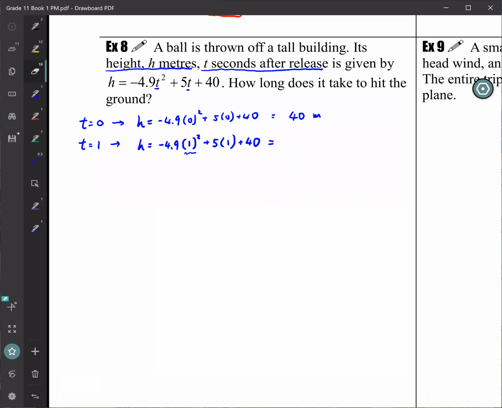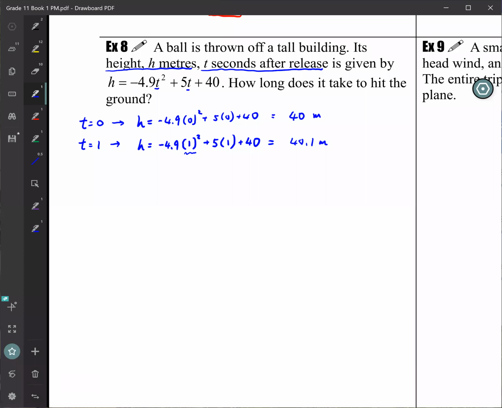Try again. 40.1. 40.1, like this. I think so.